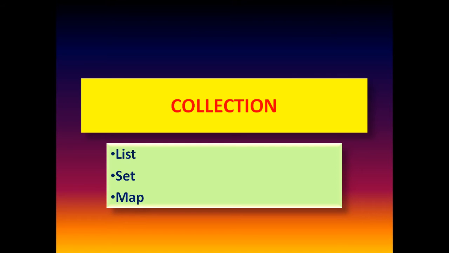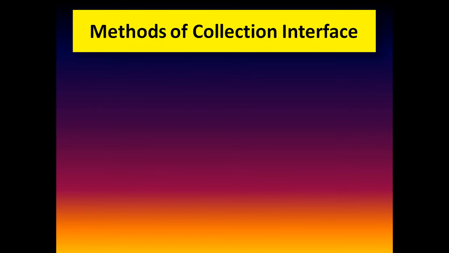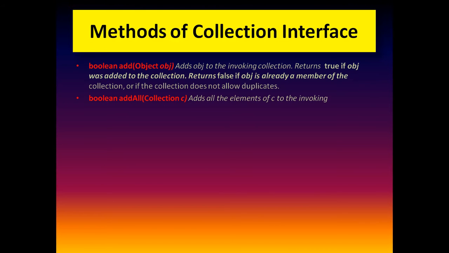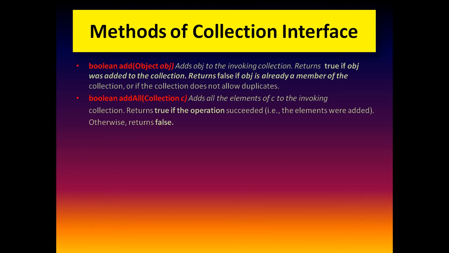All right. And then let's have a look at the methods of the collection interface. It does have many methods, like add. It takes an object parameter. Add all. It takes a collection parameter. So the first one, add object, it will add the object to the collection.